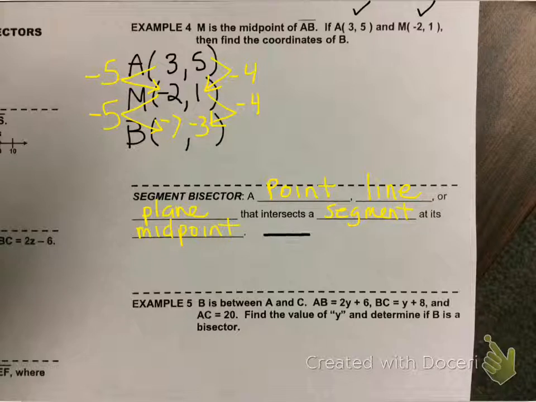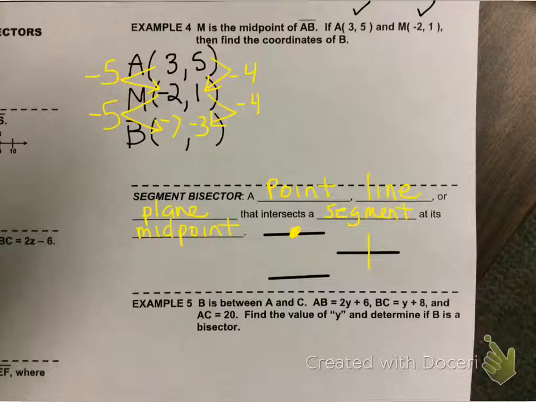Now, a line, all right, it's like if I took my line segment here, so let's look at 3 different ways. Here's one, here's one, here's one. These all look the same, right? Here's a midpoint in terms of a point. Here it is in terms of a line. And what is a plane? It's some type of flat surface.